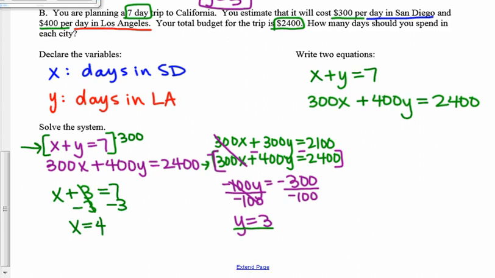All right, so now I can write my answer. So if x equals 4, my x was representing the days in San Diego. I am spending 4 days in San Diego.